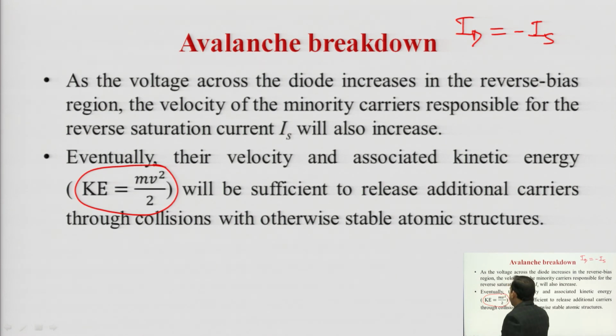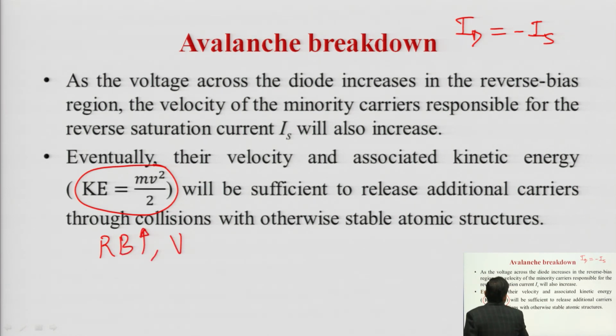So, here we can say that as reverse bias increases, the associated velocity for the minority charge carrier also increases, resulting in the increase of kinetic energy.